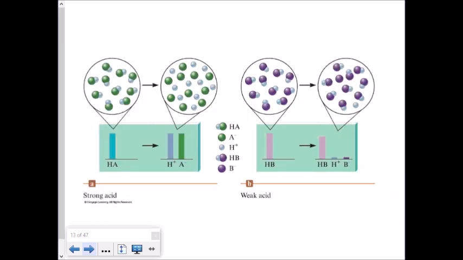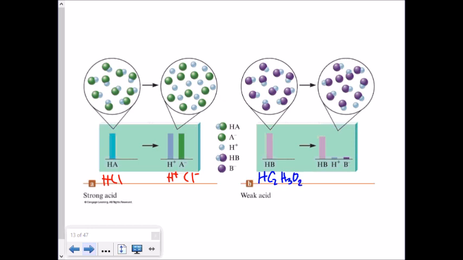Okay? So here is just a nice picture, and this one's in your notes to show you. This would be like the hydrochloric example that we just talked about. We have HCl. You're going to get the H and the Cl's over here. But this one would be more like, say, acetic acid.